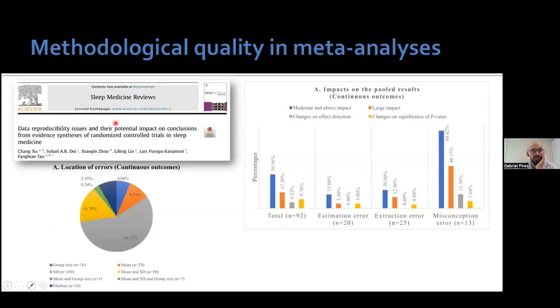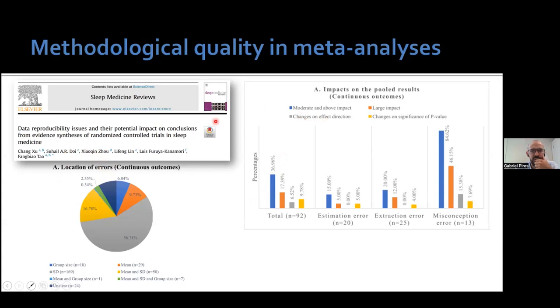Another result from Xu demonstrates that there are some very common mistakes in systematic reviews related to data extraction and data analysis that, if done properly, could change the result of some systematic reviews, either changing the effect size, or even changing the effect direction of some results.